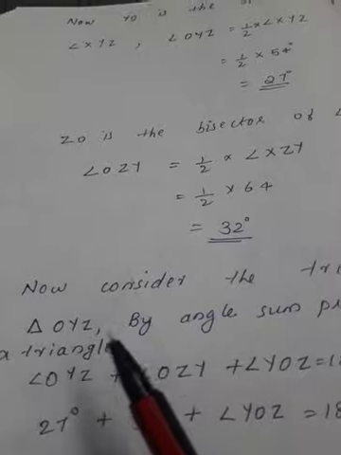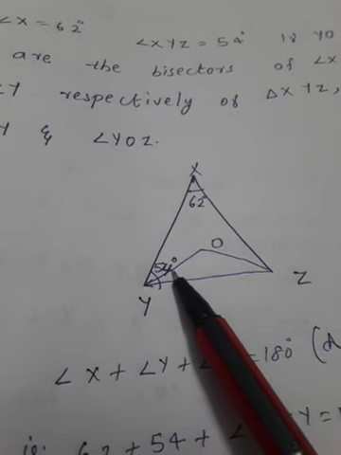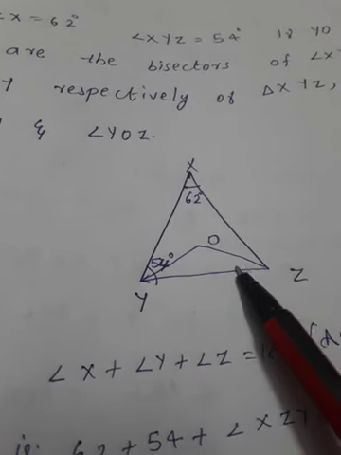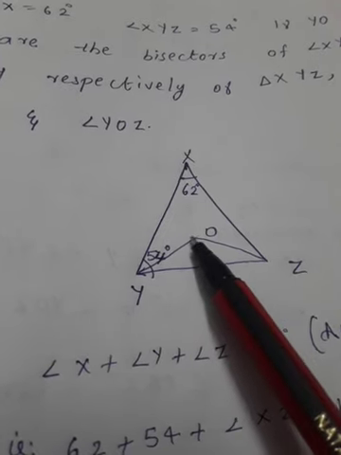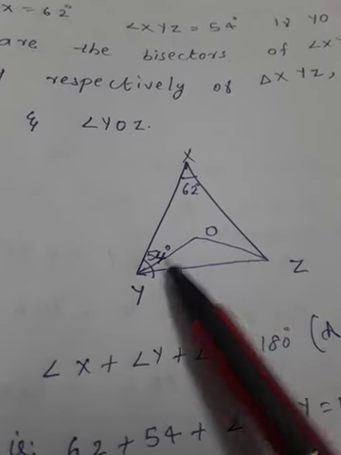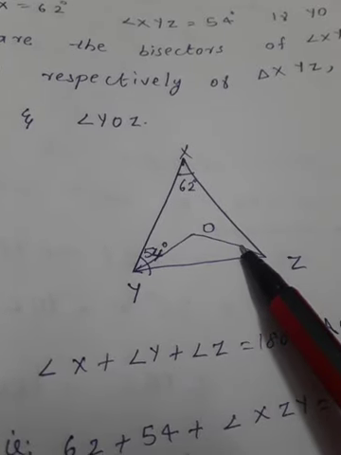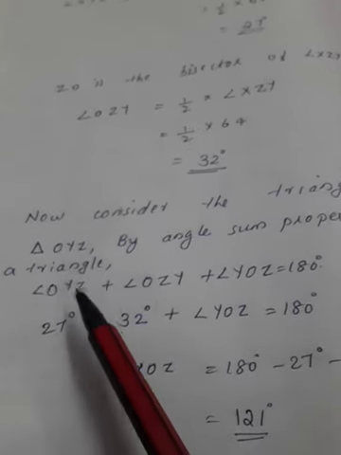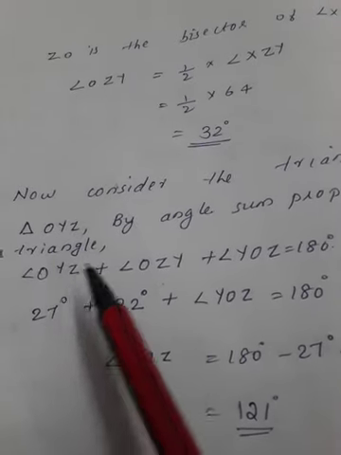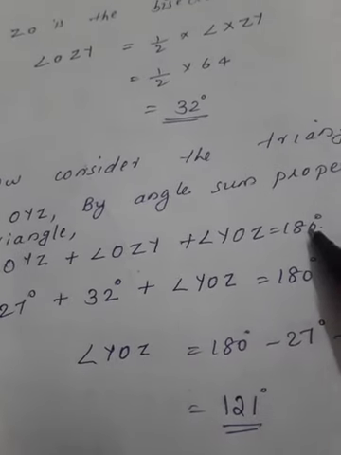For that, we consider the small triangle OYZ. So this value we got as 27, this value we got as 32. So we can use the angle sum property again. So angle OYZ plus OZY plus angle YOZ equals 180.